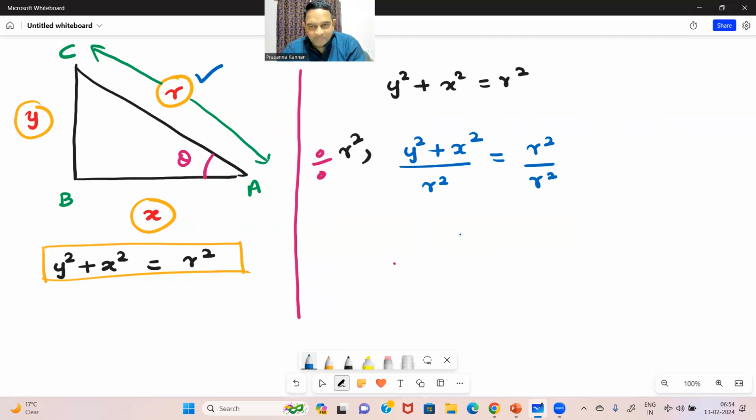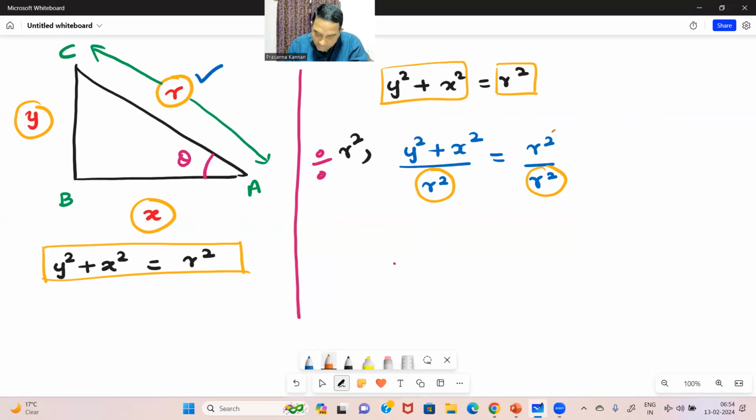What I am doing is dividing this as well as this, both by r square.